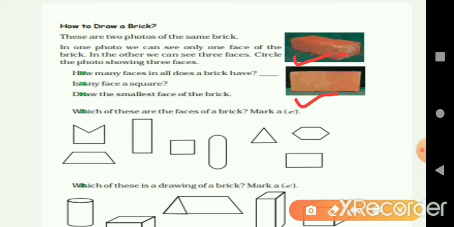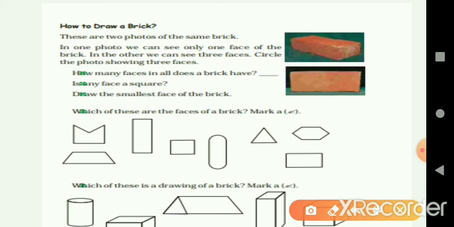See, here we see only the one face of a brick. In the other we can see 3 faces, 1, 2 and 3. Circle the photo showing 3 faces.